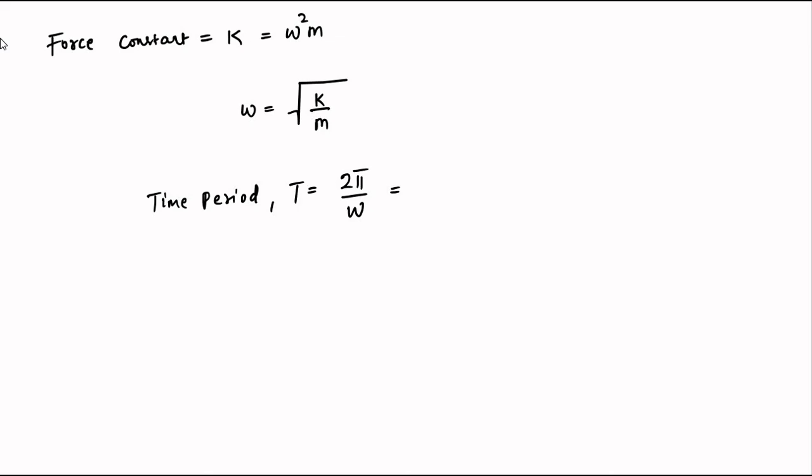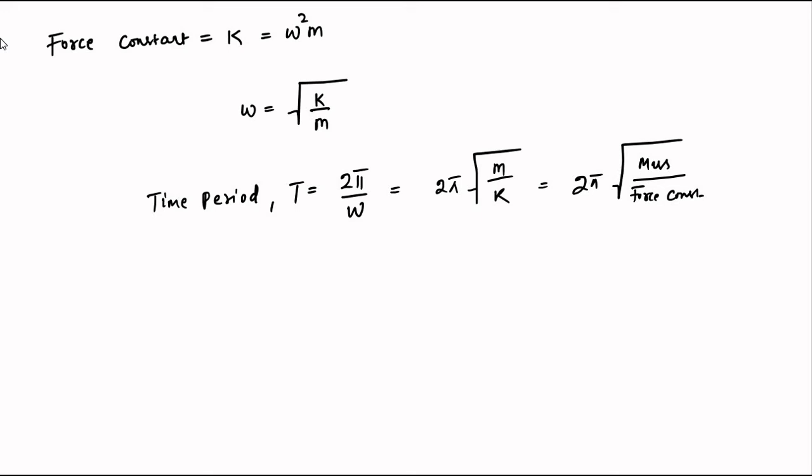So we can write it as 2 pi root over, when we divide by omega, it will become m by k. That is, 2 pi root over mass by force constant.